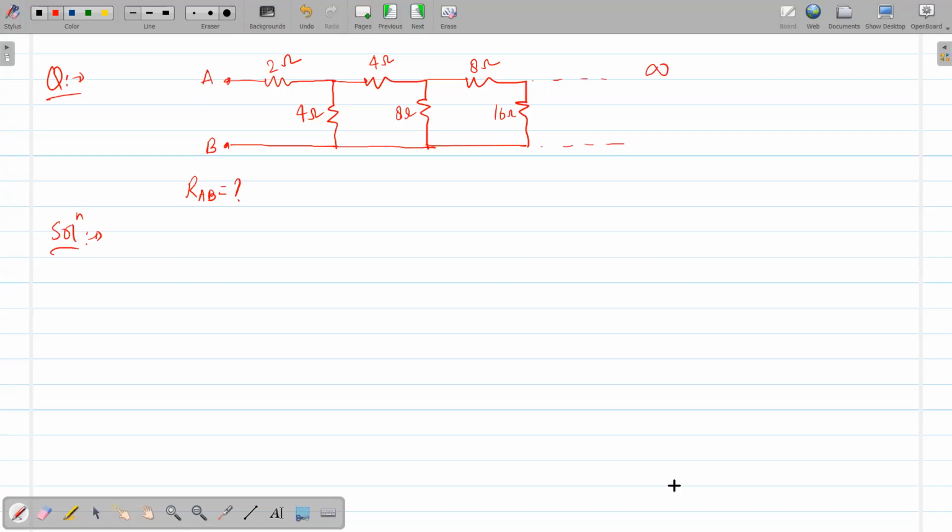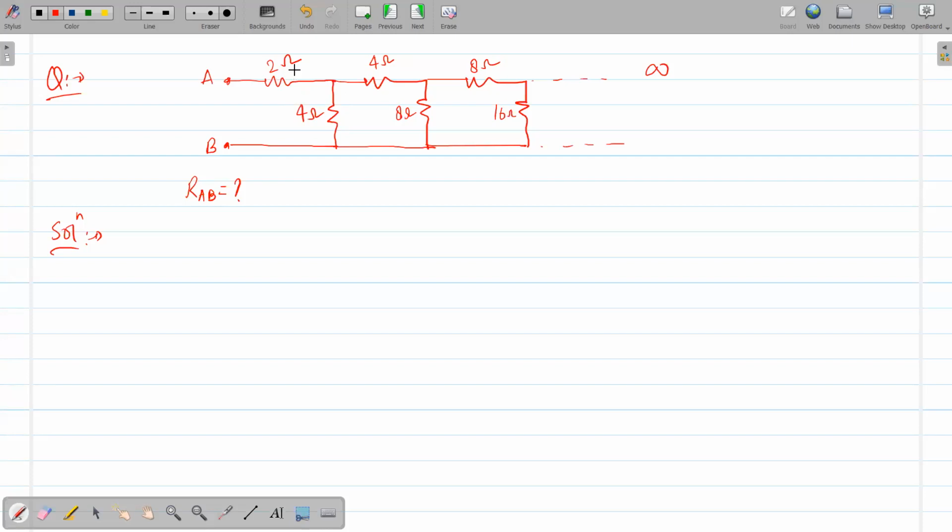Clear? So again, this is a similar case, right? As we have already discussed this ladder circuit in the last class. But at that time, the resistances in each loop were exactly the same, the same type of repetition was there.